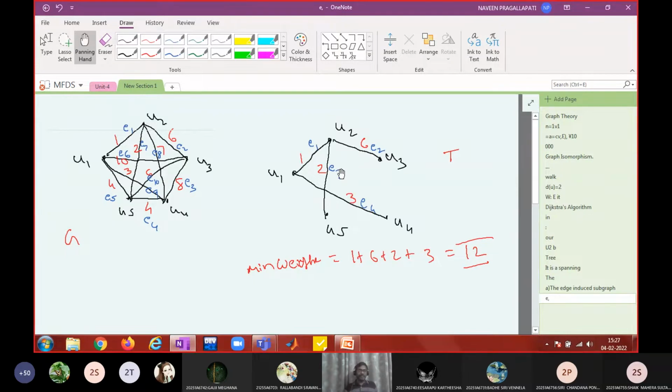If you try to add any other edge, that will contain a cycle, so that cannot be a tree. That may be a spanning subgraph, but that cannot be a spanning tree. Can you see that? Yes, sir. That's why a tree will contain only n minus 1 edges, which is connected and acyclic.